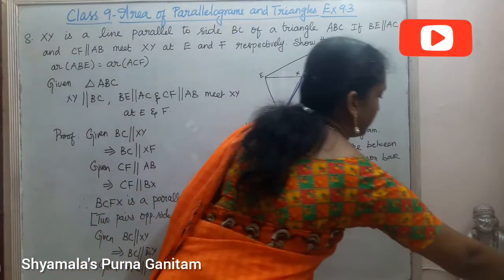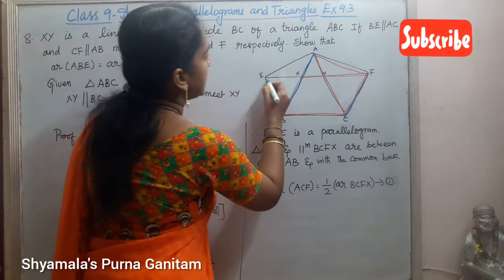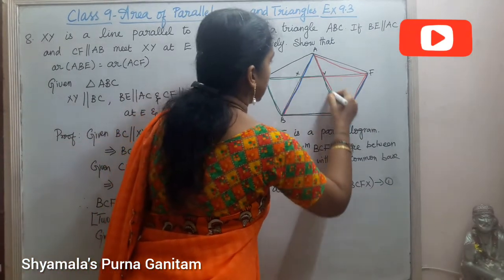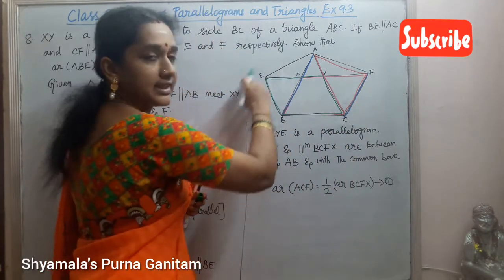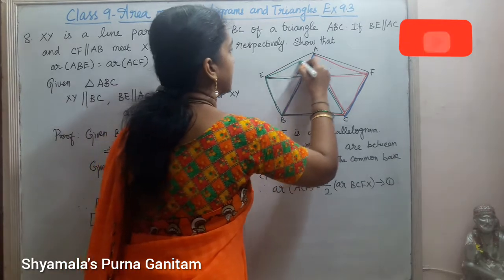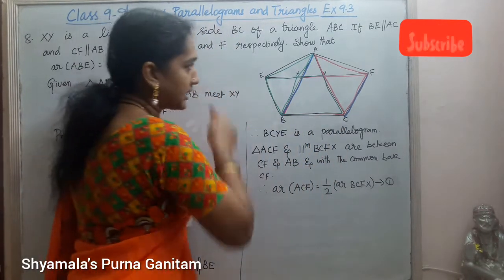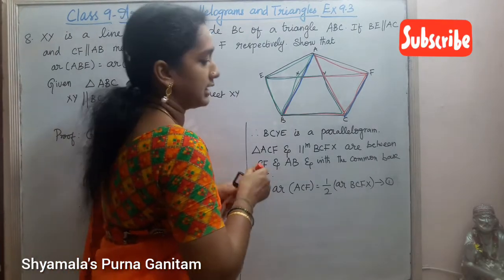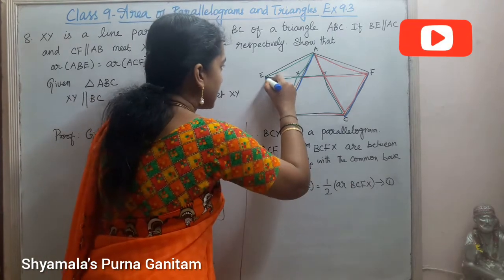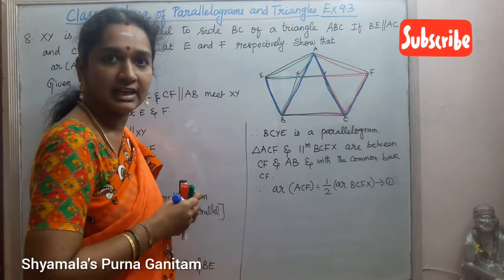So the same thing we will do for the other side also. That is BCYE, which is a parallelogram, and ABE, which is another triangle. So that is between the common base BE and between the parallels BE and AC.